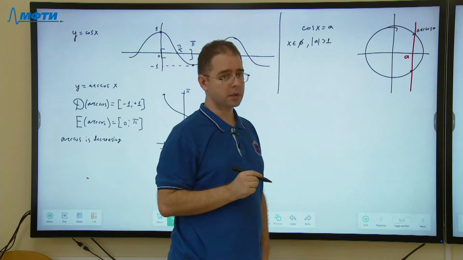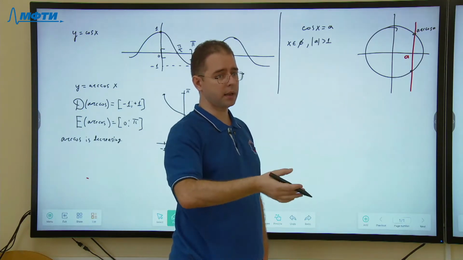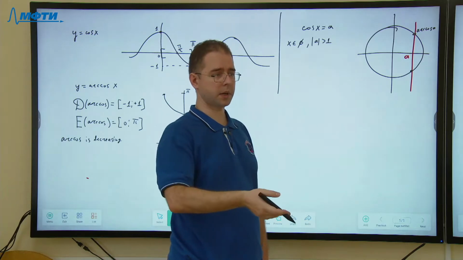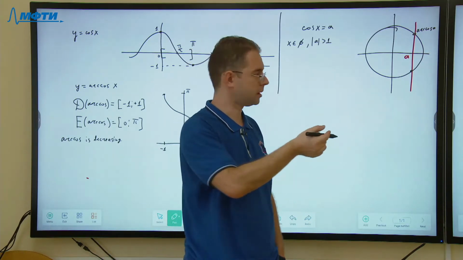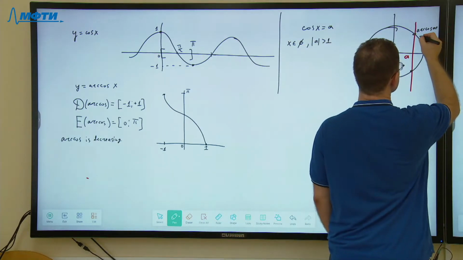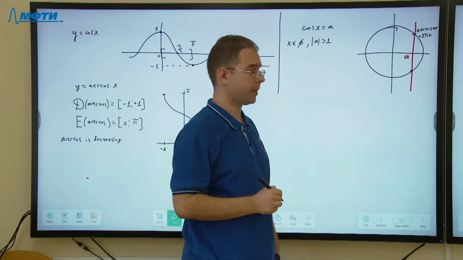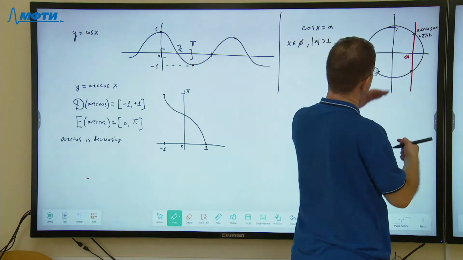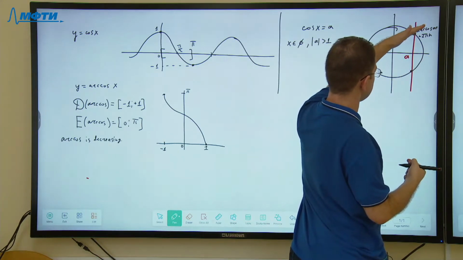And of course, if we add 2 pi, or maybe several times 2 pi, this will be the same point on the circle, but different answer. So this is arc cosine A plus 2 pi n. And the second point is the same, but the other way, so symmetrical point.